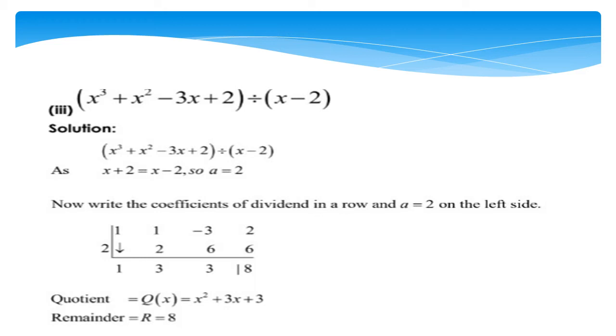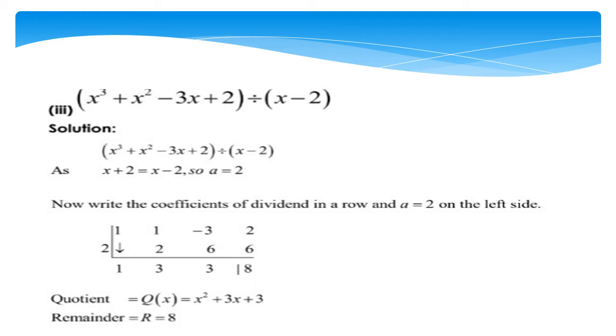The x cube coefficient 1 is written down the same, as the arrow shows, after the line. 1 multiplied by 2 is equal to 2. 1 plus 2 is 3. 3 multiplied by 2 is 6. Write down the minus 3, and minus 3 plus 6 is equal to 3. Then 3 multiplied by 2 is equal to 6.